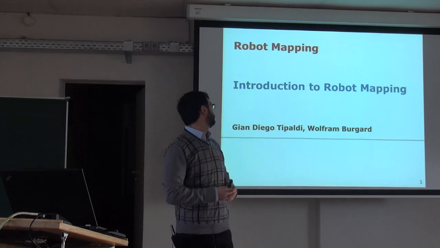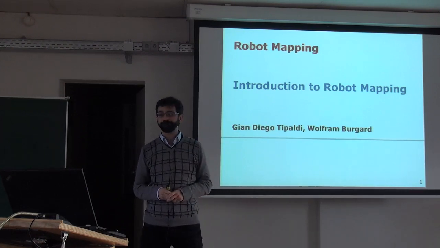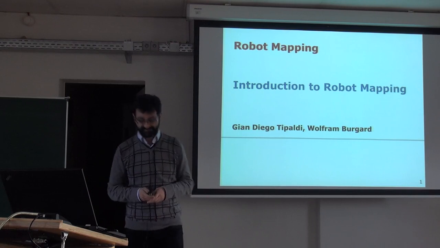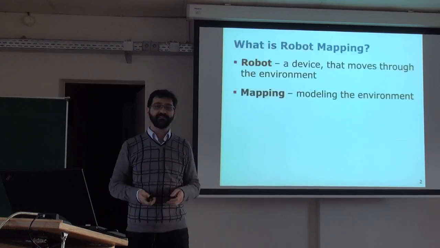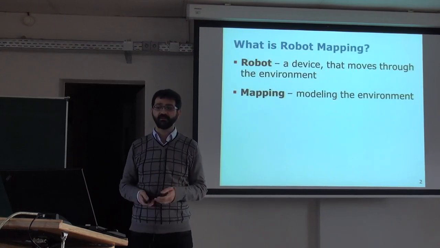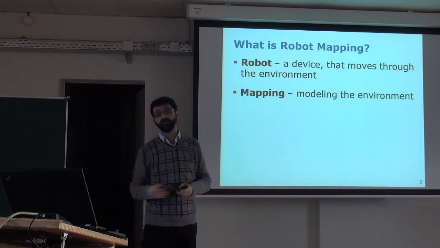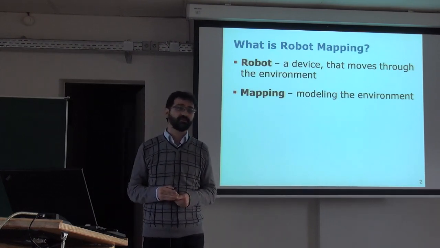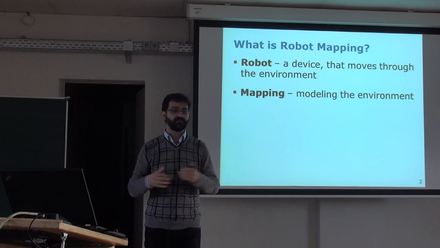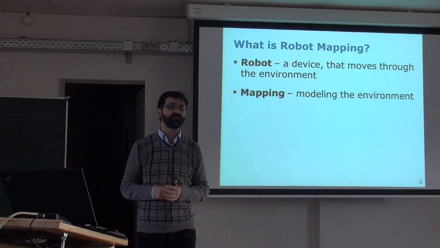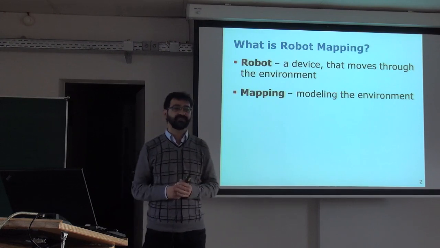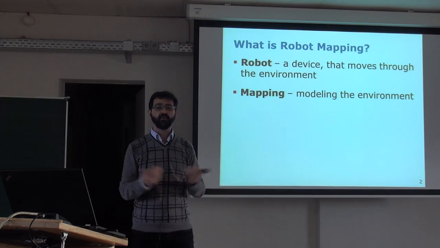All right. So, robot mapping. The first thing to say is basically what robot mapping is. And we know what a robot is. So a robot, you can define it as a device, a system, or a box, if you want to put it at a very, very abstract level, that can move through the environment.